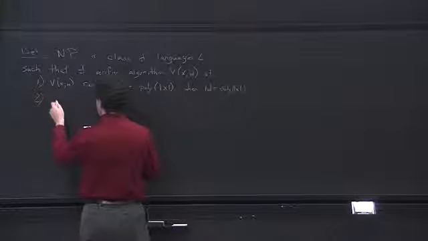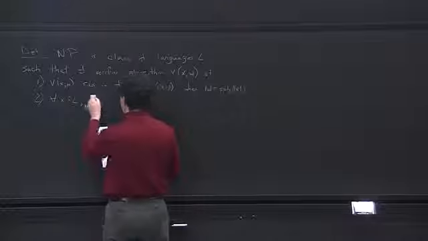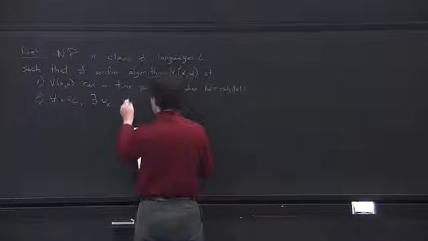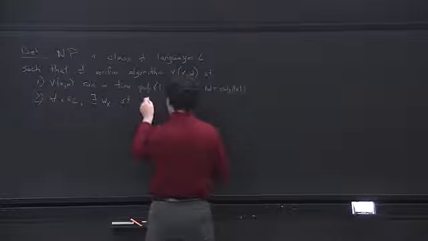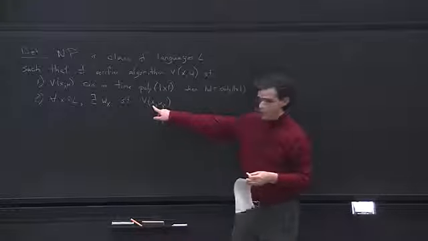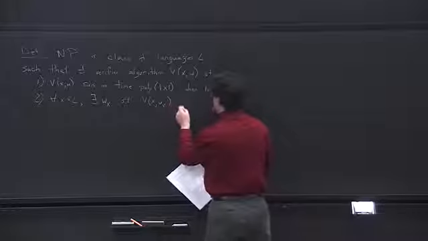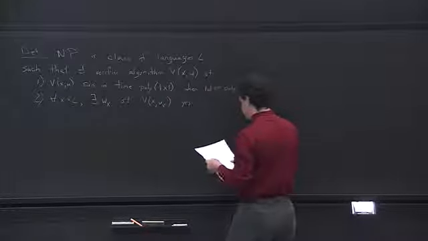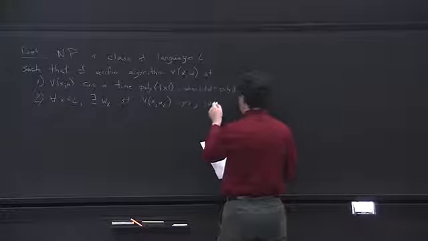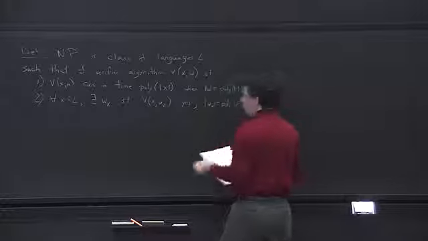Second, if x is in the language, there should exist some w_x such that this verifier applied to x and this special w_x outputs yes. And it should be that the size of w_x is polynomial in x.